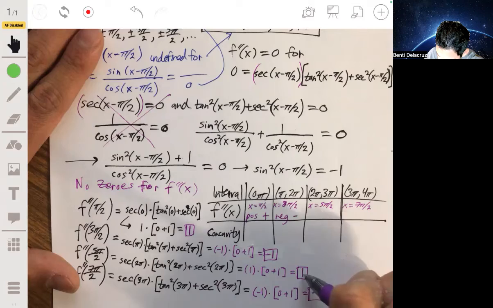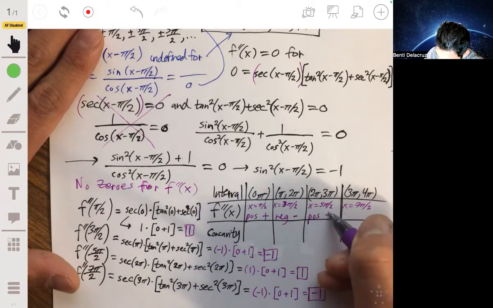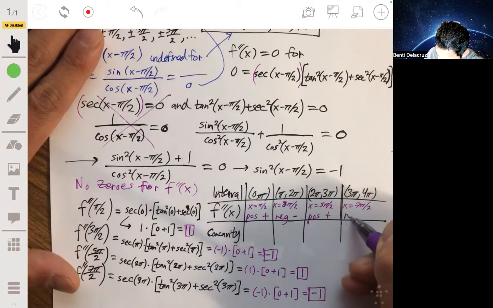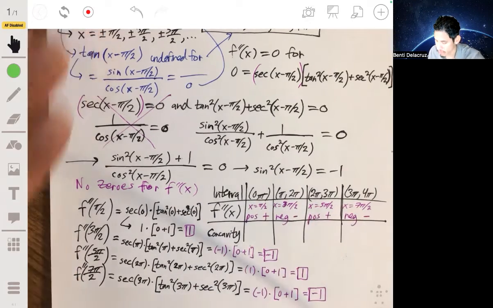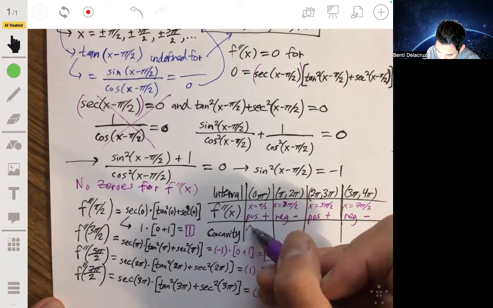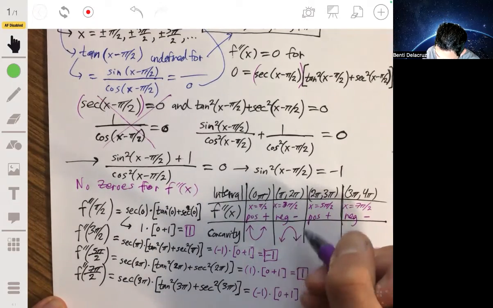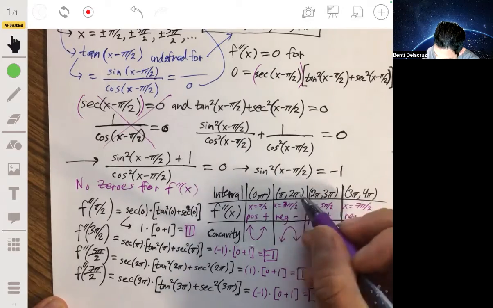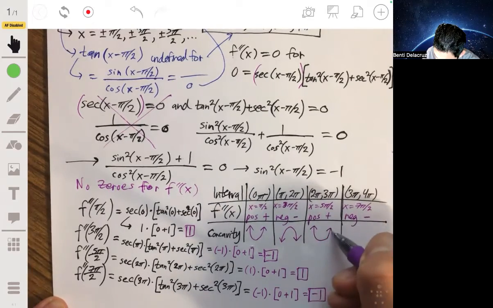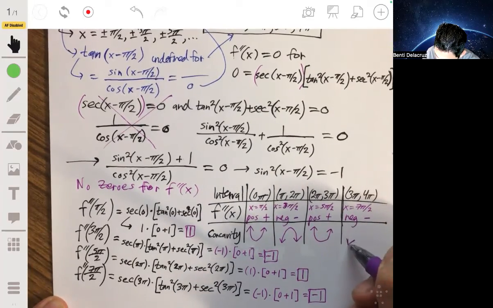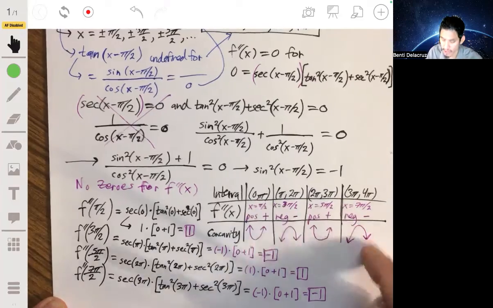In this interval I got positive again. And on the last one I got negative. So basically it's concave up from 0 to pi, concave down from pi to 2 pi, concave up from 2 pi to 3 pi, and then concave down on that last region.